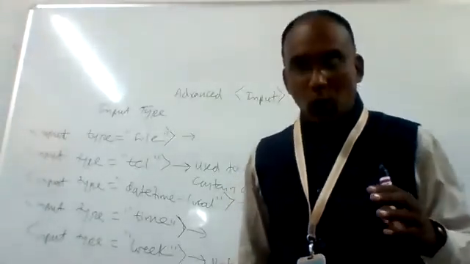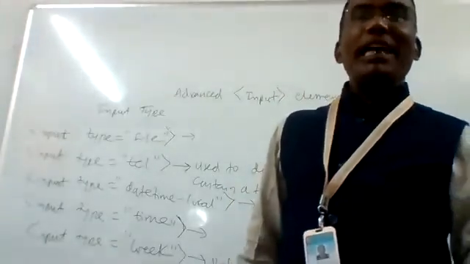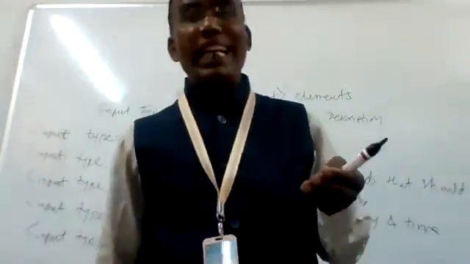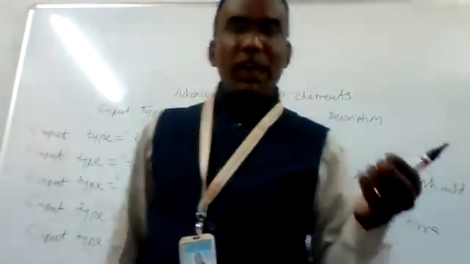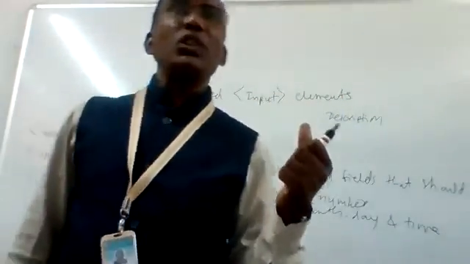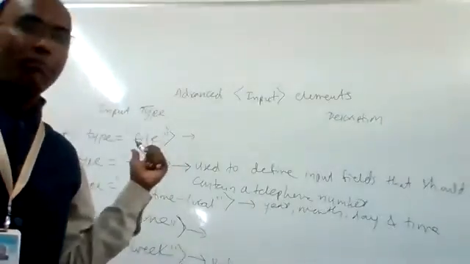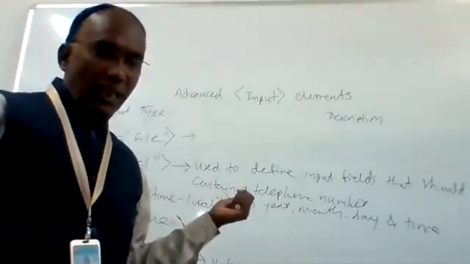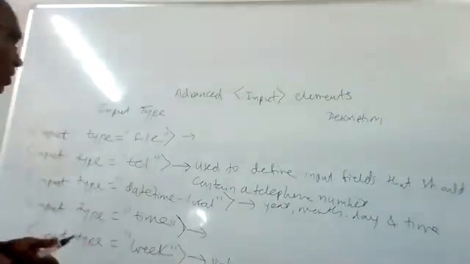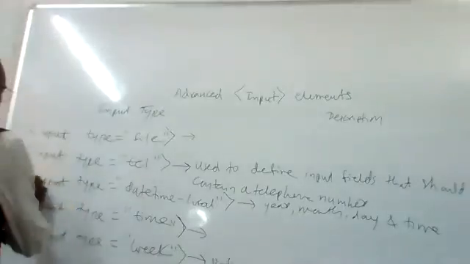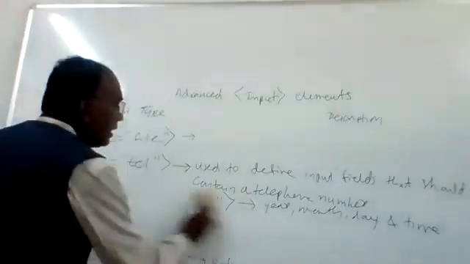So a user can input a telephone number with the help of this input type. Okay, fine. Is it clear?